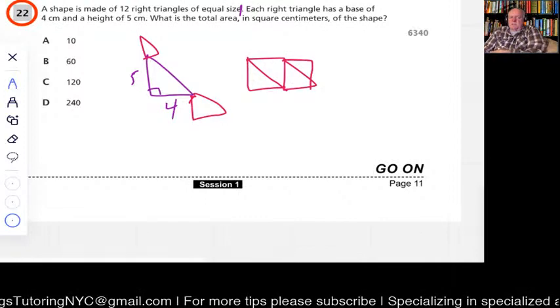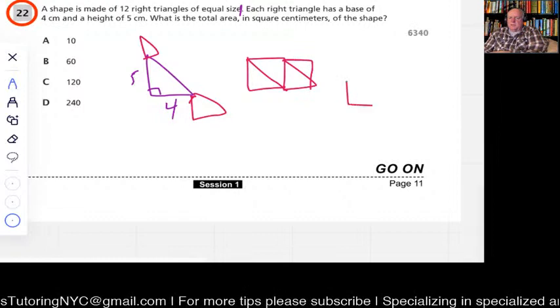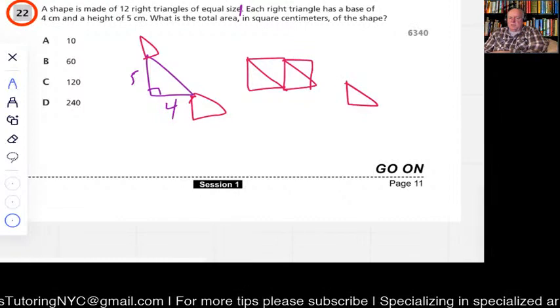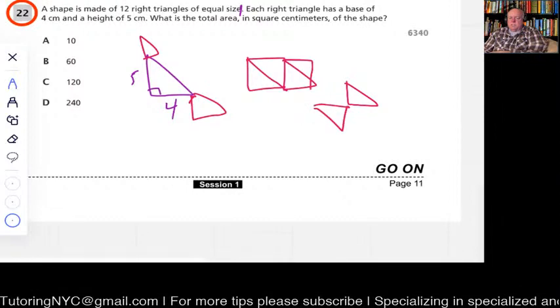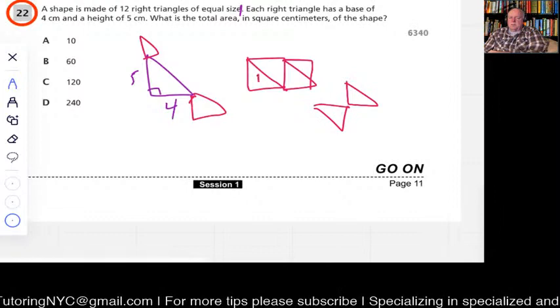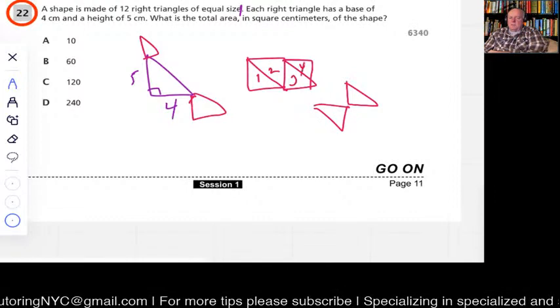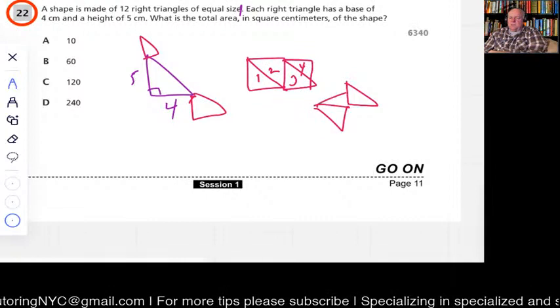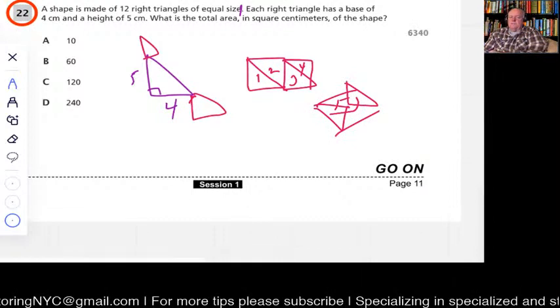There's just so many ways to do this. I could put the thing like this and put another one here, and whatever. What's important here is that there's 12 of them. 1, 2, 3, 4. And I could have combined this one this way even. So in this case, there's 12.